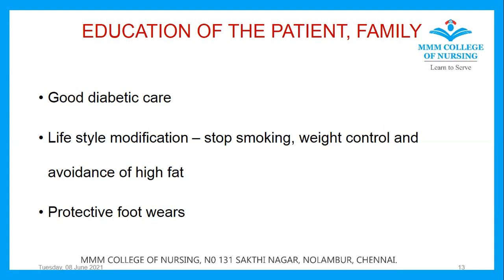Thereby they can keep their weight under control and avoid a high fat diet. And maintaining the diabetic diet is all part of lifestyle modification. They have to follow it regularly. That way they can keep themselves under control and under the normal control of glycemic index.